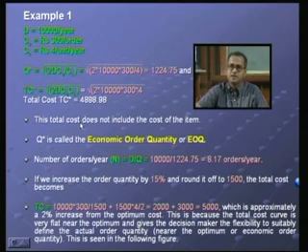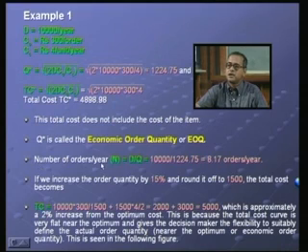This is because we are looking at an annual cost, and the total cost of the items will be D into C, which is a constant and does not depend on Q. So, Q will not have C in any of the equations. Now, Q star is called the economic order quantity, EOQ for short, a very commonly used term.